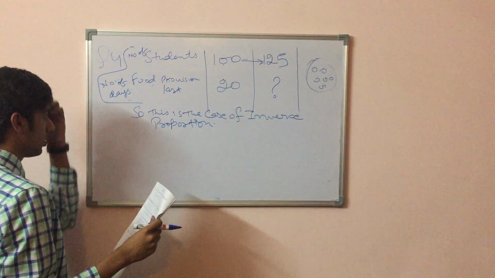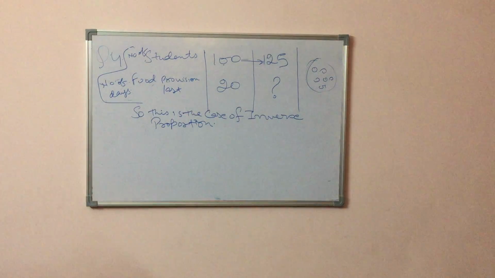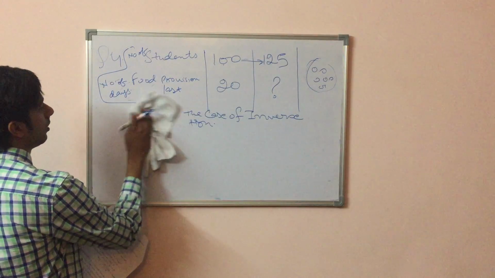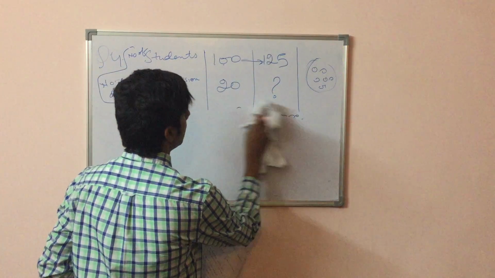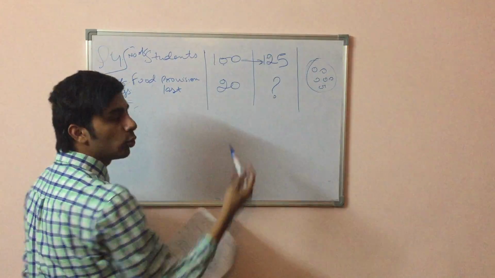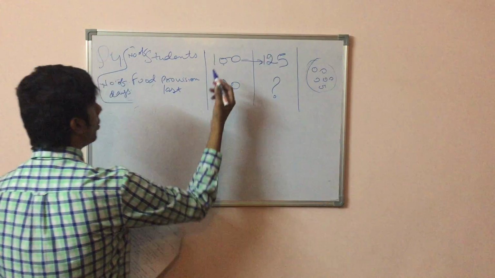So how will you solve this question now? I'm just removing this line over there now, right? Whatever number of days we have to calculate, we have to keep this thing on our right hand side.